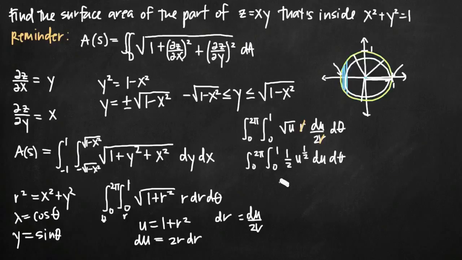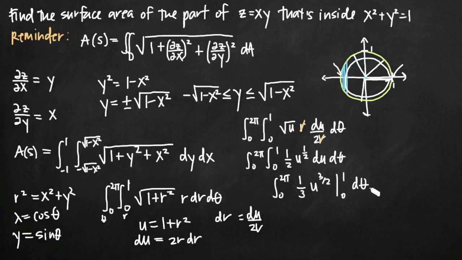Now when we integrate here with respect to u, we'll get 0 to 2 pi. We'll add 1 to the exponent to get u to the 3/2. We'll divide the coefficient by our new exponent, so 1/2 divided by 3/2 is the same as 1/2 times 2/3, so we're just going to end up with 1/3 out in front here, and then we're going to be evaluating that on 0 to 1 after we back substitute for u.